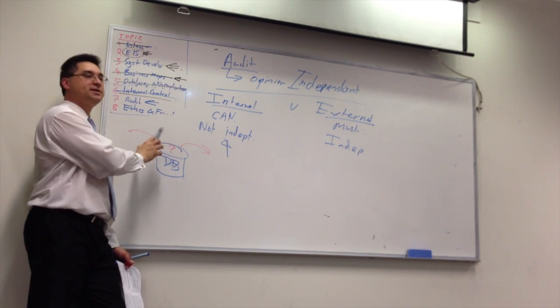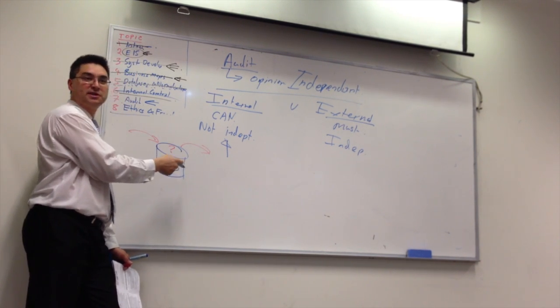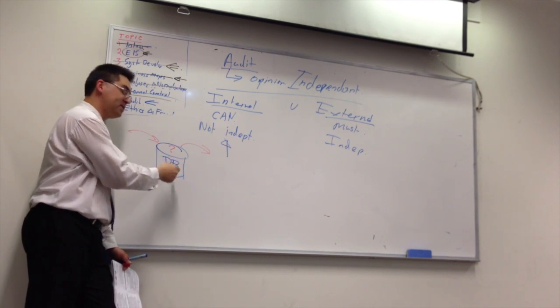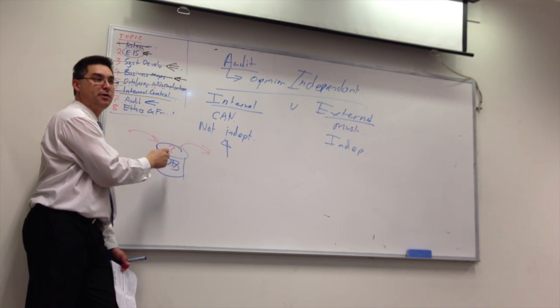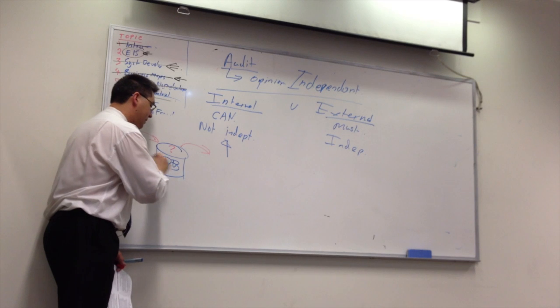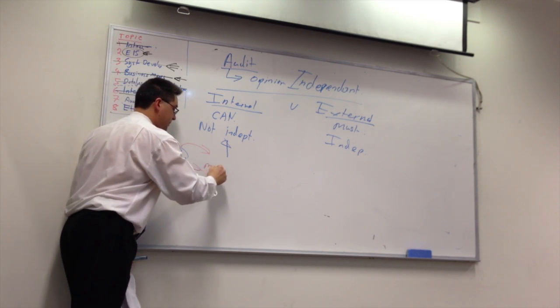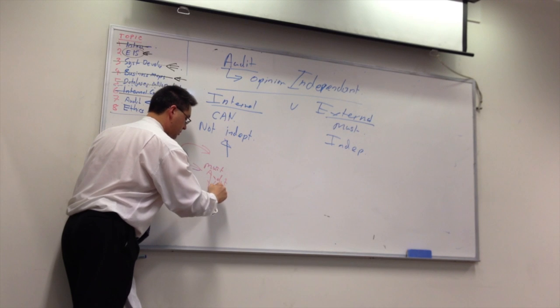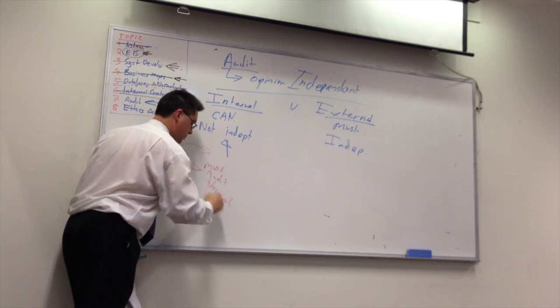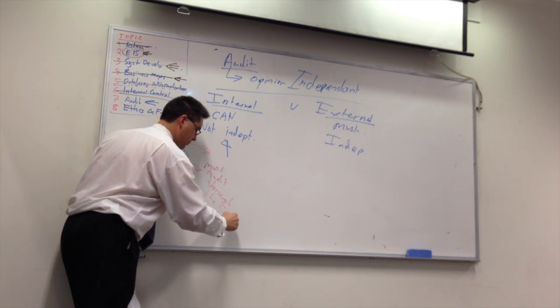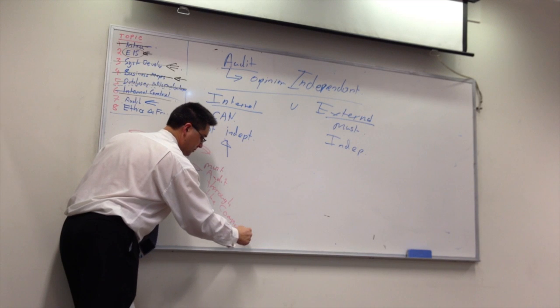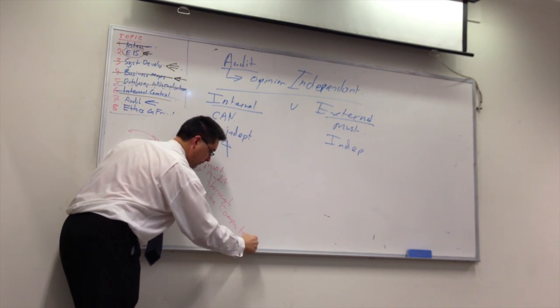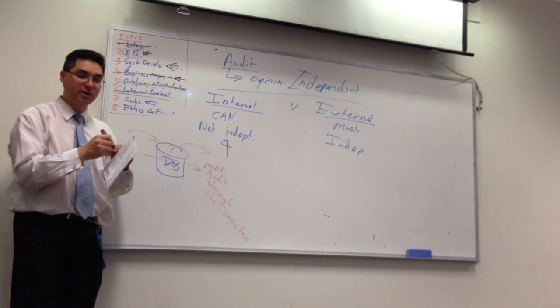But because these days everything inside the business happens inside the database, it's very hard to audit around. So that means that today you must audit through the computer. It's very hard to audit around the computer.